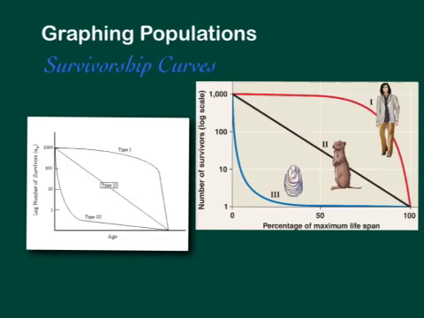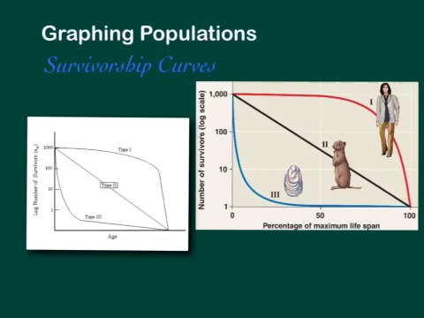Okay, graphing populations, you have to use a survivorship curve. And there are 3 different types of survivorship curve. Type 1 is related to humans. The organism has a lower death rate when they are born and through their life until they get older, where their death rate increases.